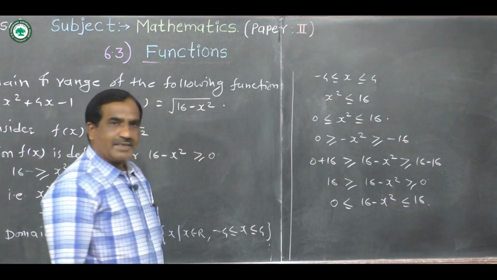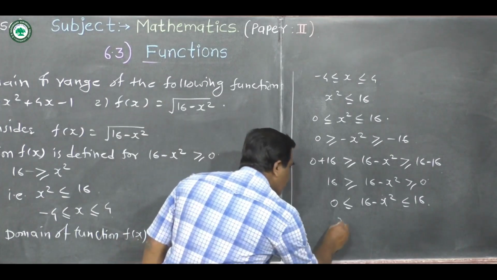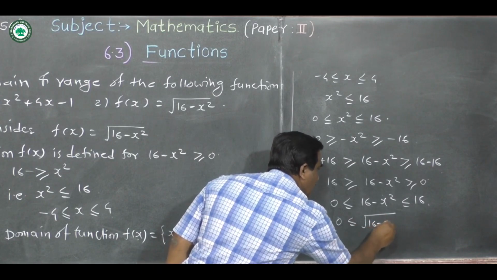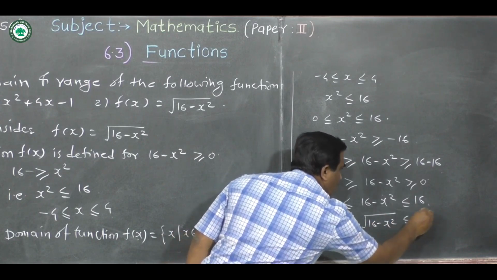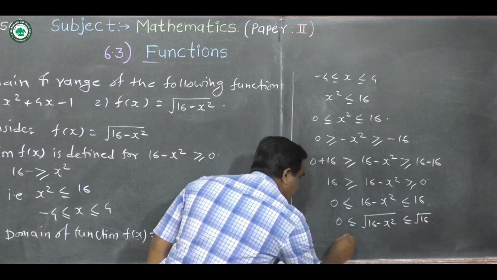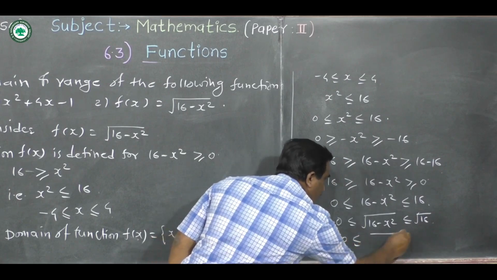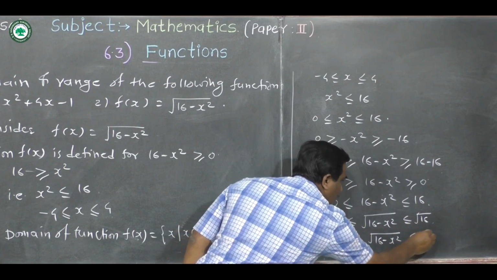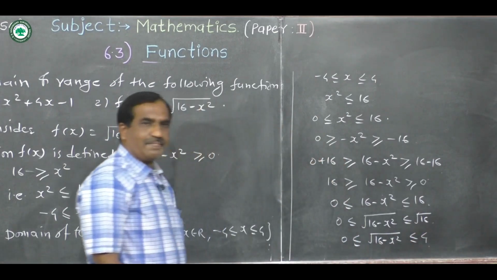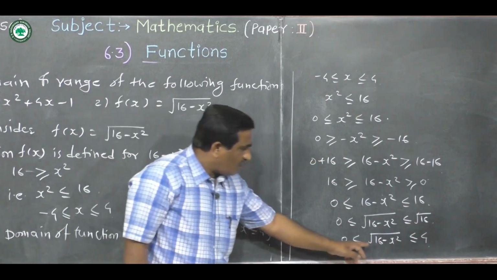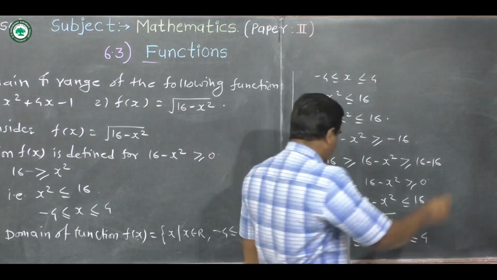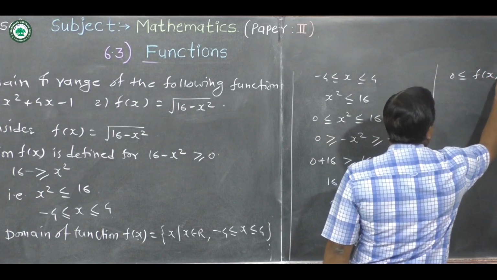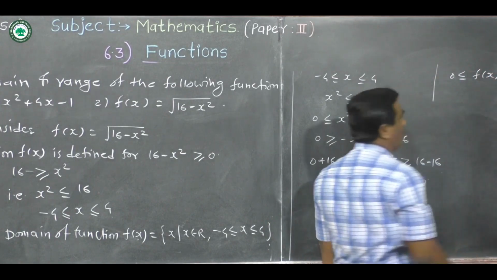Now taking square root, we can write 0 less than or equal to under root 16 minus x square less than or equal to under root 16. That is 0 less than or equal to under root 16 minus x square less than or equal to 4. This is the value of f of x. We can write again 0 less than or equal to f of x less than or equal to 4.